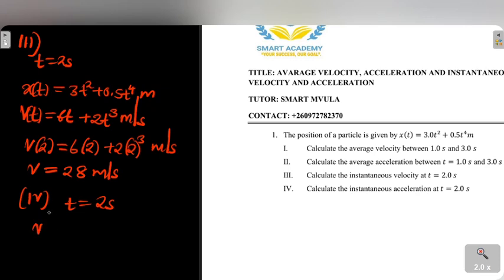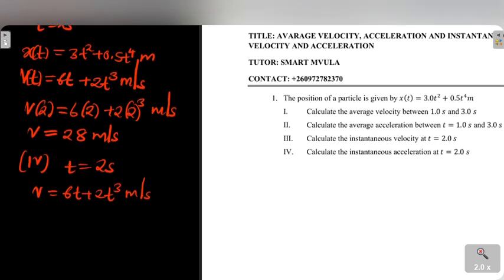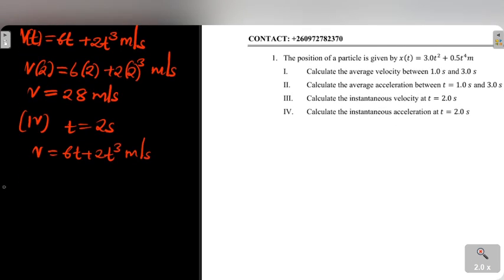So if you see, our velocity function is 6t plus 2t to the power 3, that is meters per second. So for us to get the acceleration, we're going to differentiate this function. So the acceleration is equal to 6, when you differentiate 6t, plus you drop a 3 times 2, that's a 6, then t to the power 2. Then the units become meters per second squared.